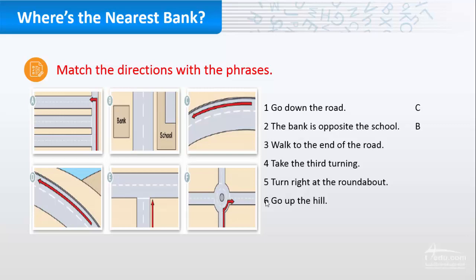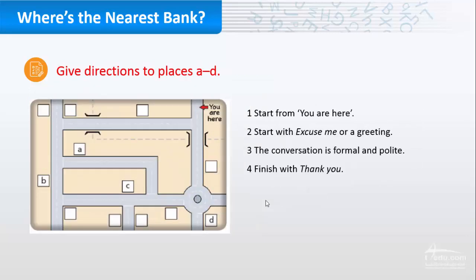B, perfect. 3, walk to the end of the road. E. 4, take the third turning. Excellent, it's A. 5, turn right at the roundabout. F. And number 6, go up the hill. Excellent, it's D.